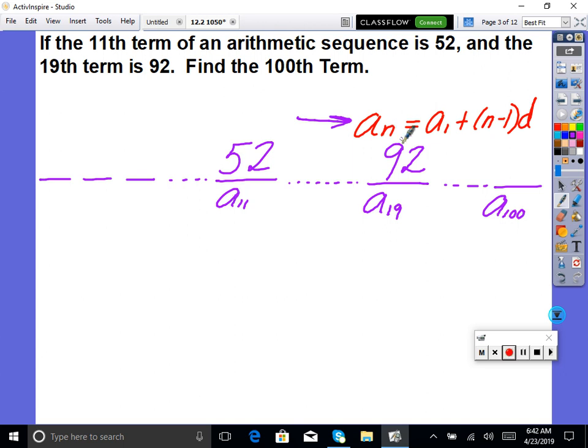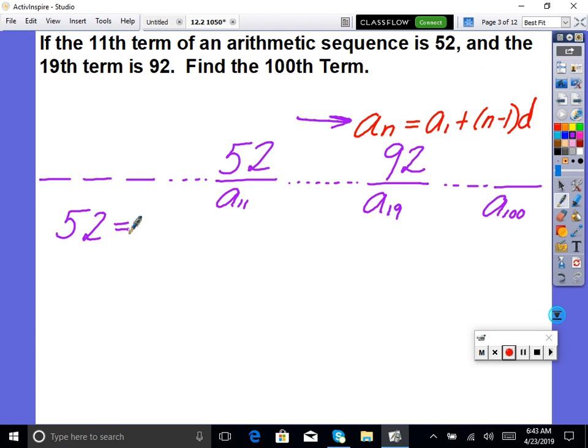So what would a sub n be? We're plugging in what we know. What would a sub n be in our formula? It's 52. I was afraid somebody was going to say a sub 11. But this is the ending calculation, isn't it? If you calculate, you get out a number, right? So we're going to plug in 52 is equal to, what's a sub 1?